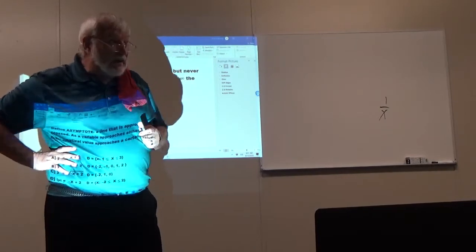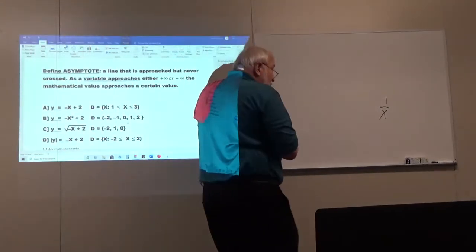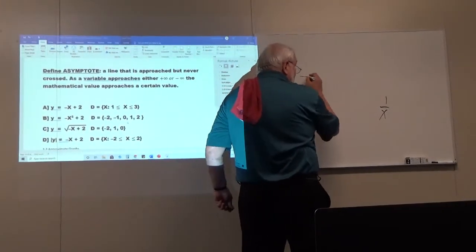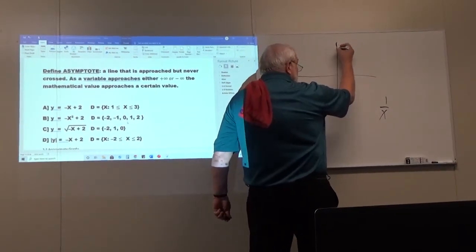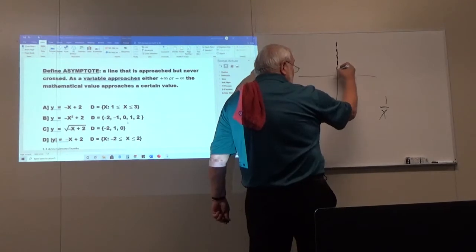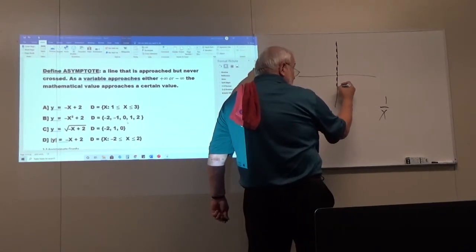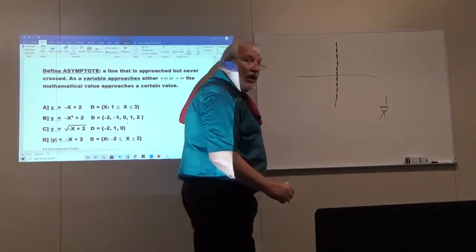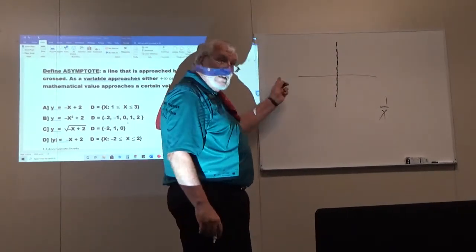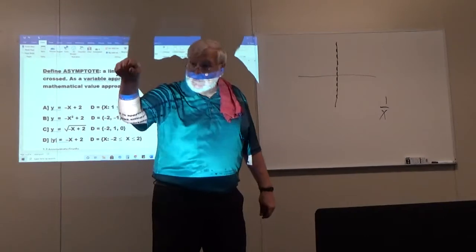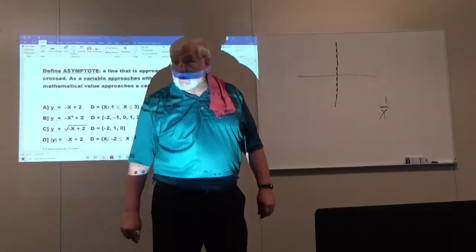It can't be 0, can it? So if I was graphing this at x equals 0, I have a vertical asymptote. I'll never cross that line. I can approach it from the left, I can approach it from the right, I'll never be on it, and so I can never cross it.